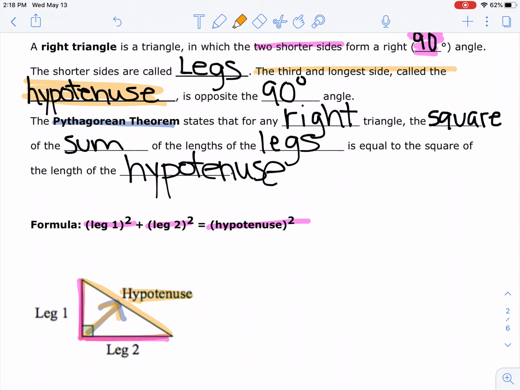The Pythagorean theorem states that for any right triangle, the square of the sum, so what does this mean? The sum of the squares of the legs equals the hypotenuse squared.